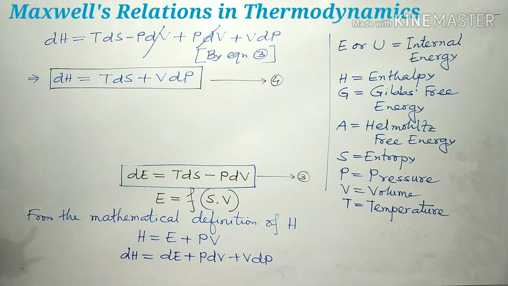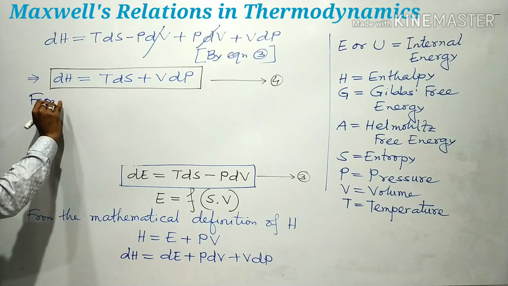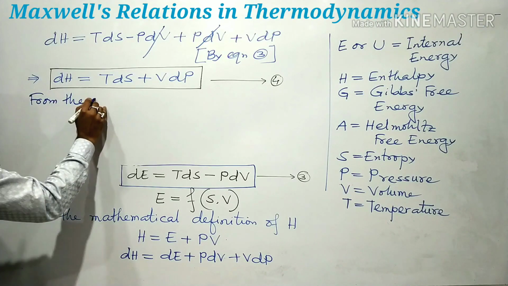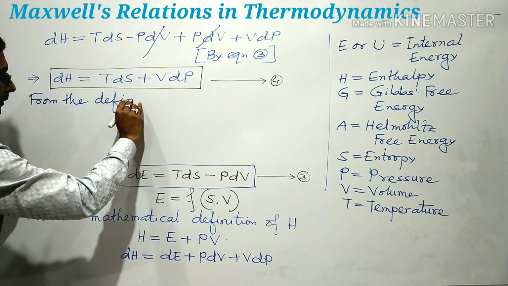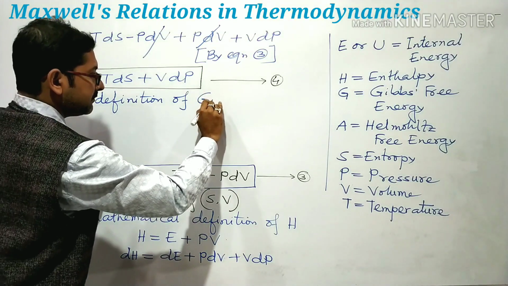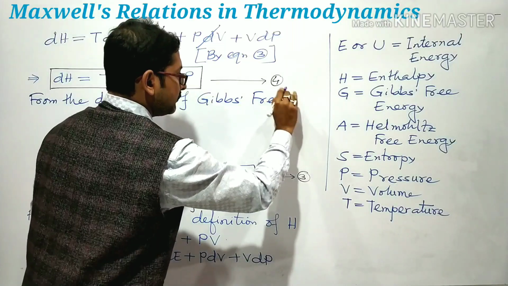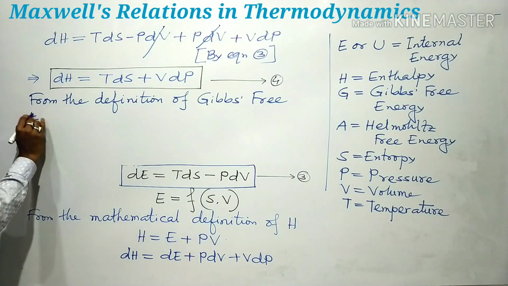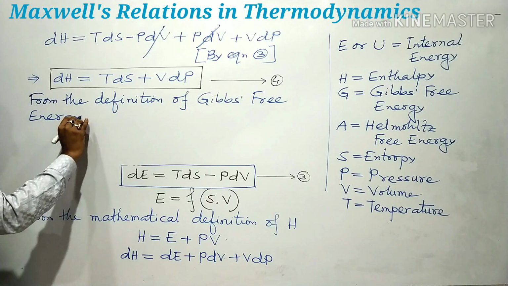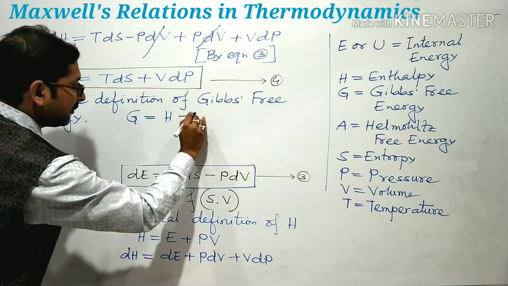Now from the definition of Gibbs free energy, we have G equal to H minus TS.